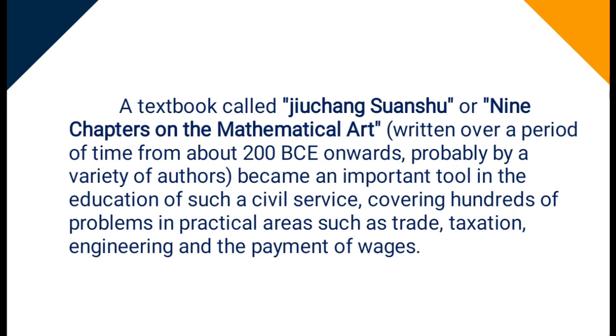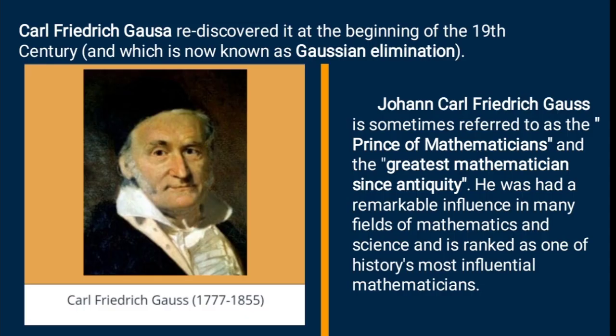It was particularly important as a guide to how to solve equations, the deduction of an unknown number from other known information, using a sophisticated matrix-based method which did not appear in the West until Carl Friedrich Gauss rediscovered it at the beginning of the 19th century, and which is now known as Gaussian elimination.